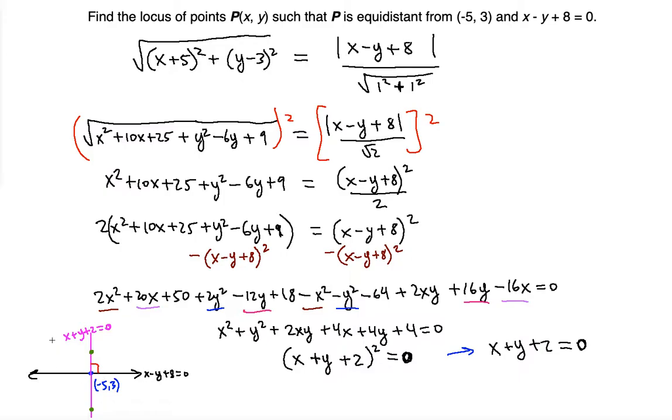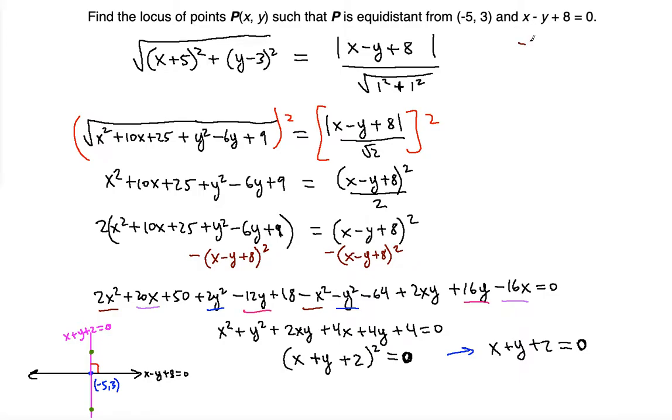Otherwise, it's not going to work. If it's just perpendicular, but doesn't go through the point, choose a point here, for example. It will be way closer to the line than the point. So we know that it has to be perpendicular and must go through the point. The point -5, 3 should be on this line. To check that algebraically, plug in -5, 3 and you will get 0 on the right side.